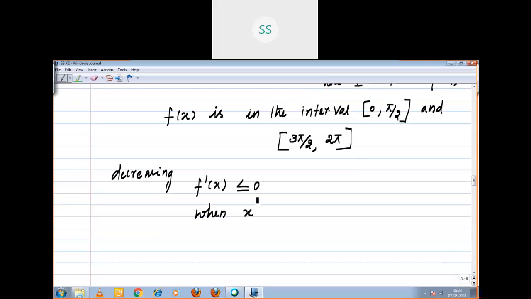In which quadrants is cos negative? Cos is negative in the second and third quadrant.